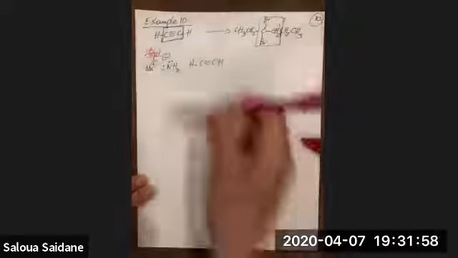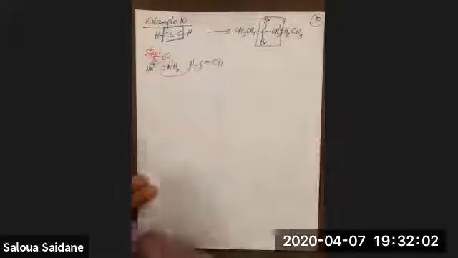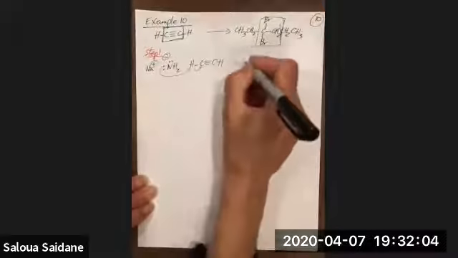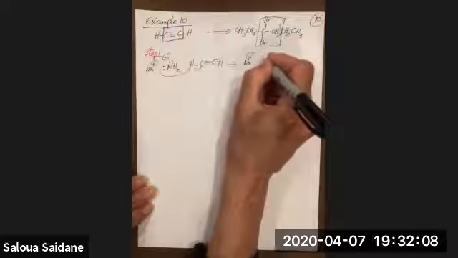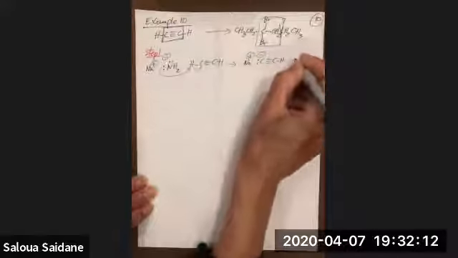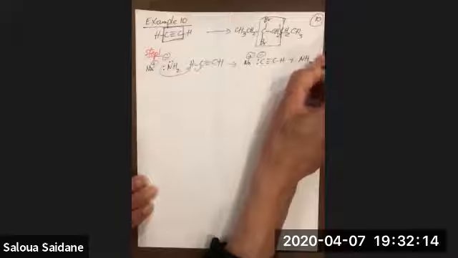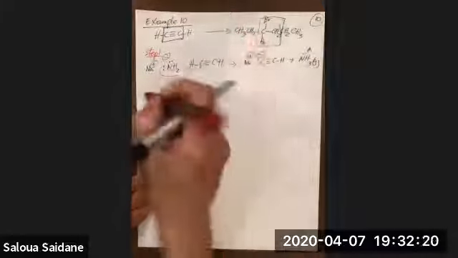So step 1, this grabs this H. We're removing the left side. So it will be Na+, and then the acetylide ion plus NH3 gas. Step 2, we're going to add the ethyl on the left side.